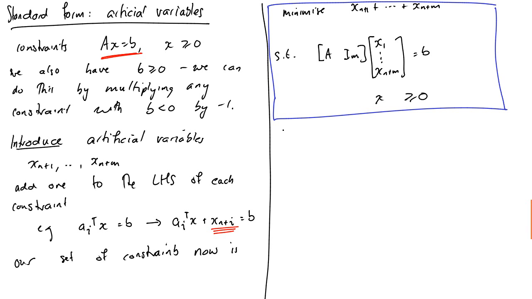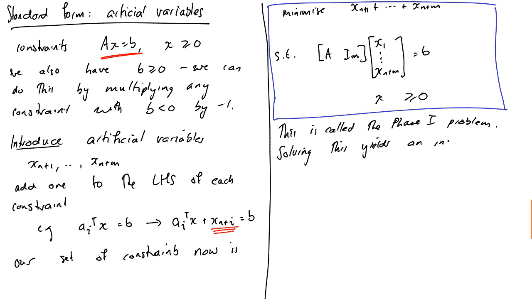So solving this is called the phase 1 problem. Okay, it's a linear program. It's got constraints related to your original ones, and solving it yields an initial basic feasible solution if one exists.